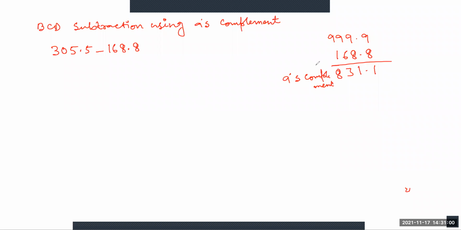Next step is to add this to the minuend using BCD addition.